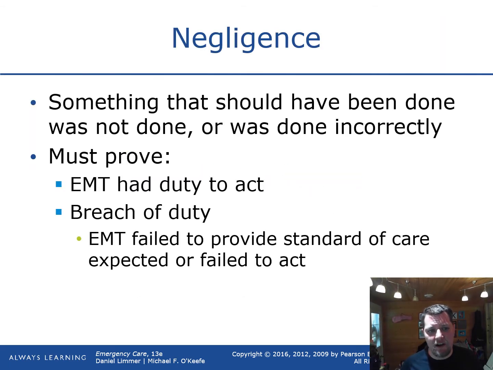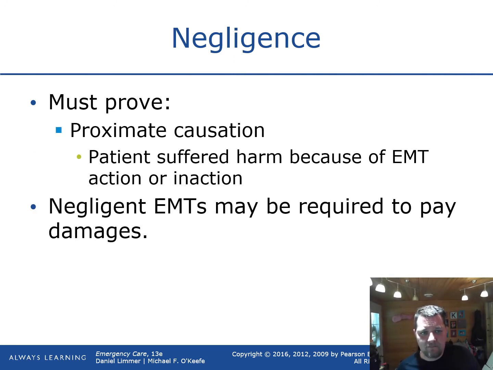So let's talk about some other legal issues. Negligence. Something that should have been done was not done or was done incorrectly. They must prove that the EMT had a duty to act, that the EMT failed to provide the standard of care expected or failed to act, which is a breach of that duty.